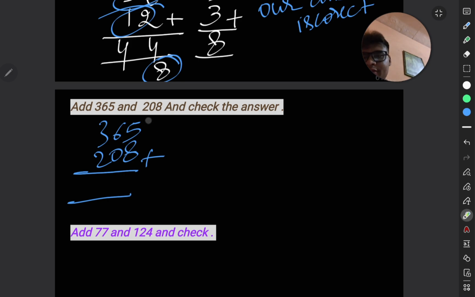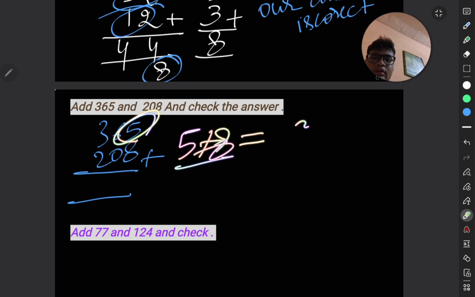Now we will start from the last. Okay, so here is 5 plus 8. What will be the answer? 5 plus 8 will be 13.